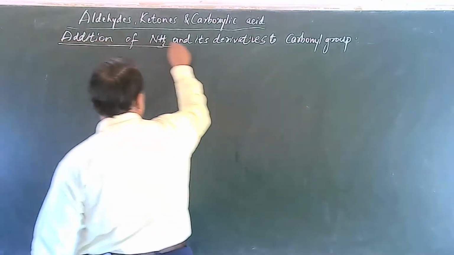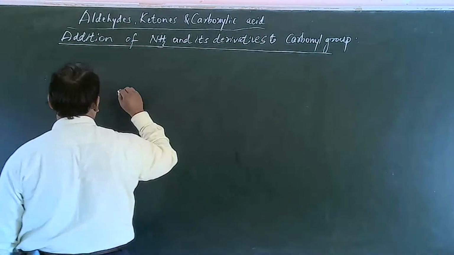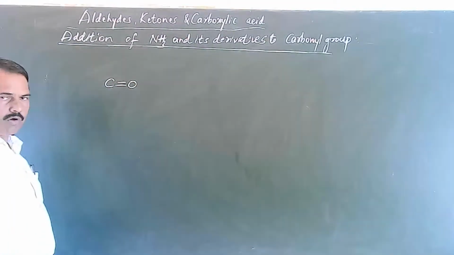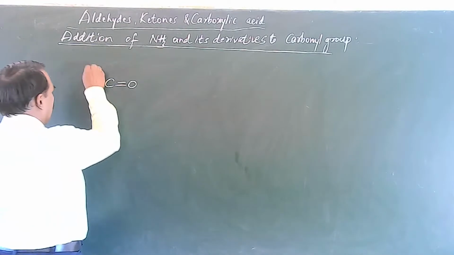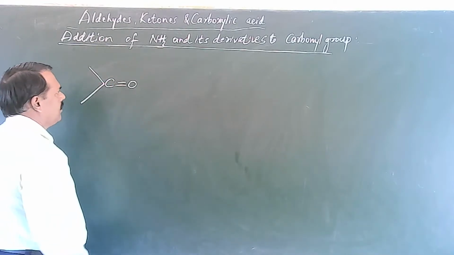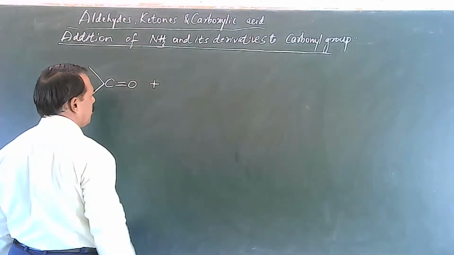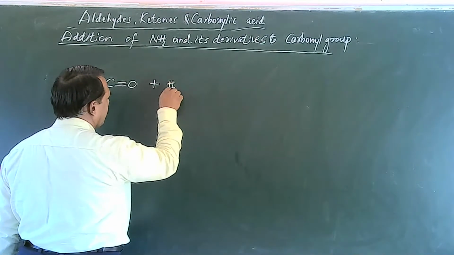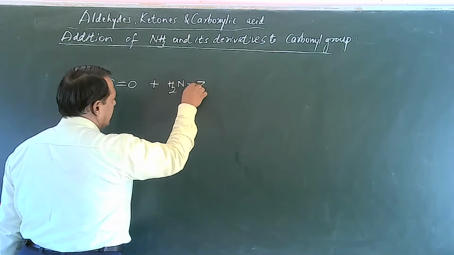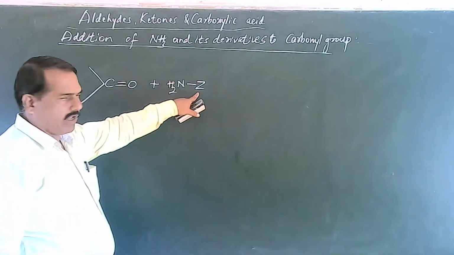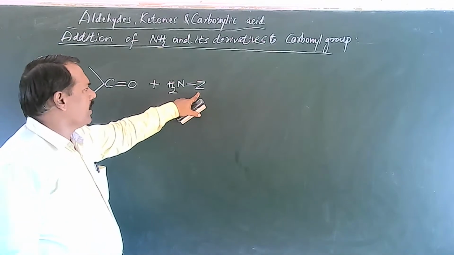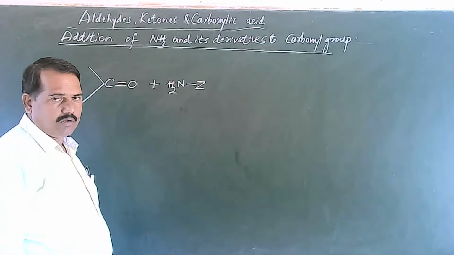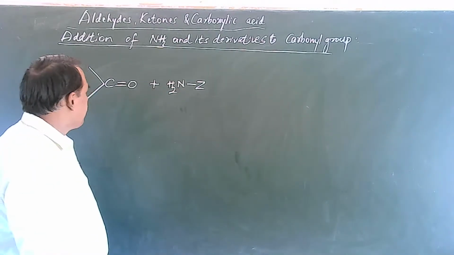In this addition, a general case we have to study. A carbonyl group, C double bond O, which is a ketone or an aldehyde, reacts with ammonia derivatives, H2N-Z, where Z is a derivative. It may be anything: NH2, NH3, hydrazine, hydroxylamine, 2,4-DNP.